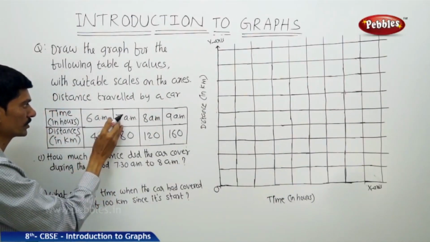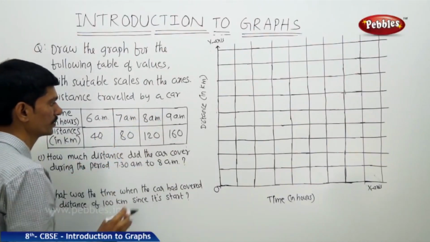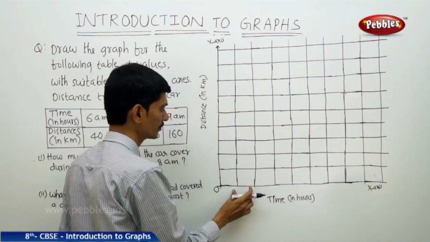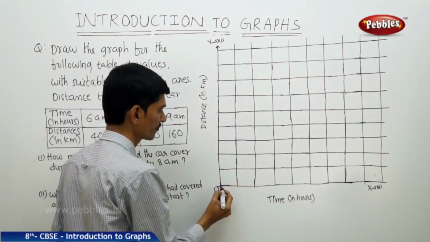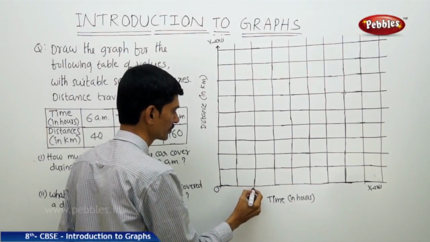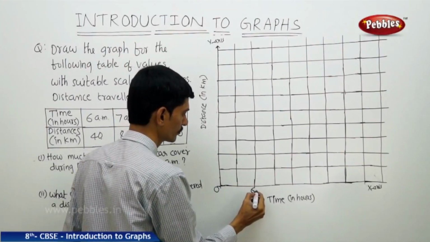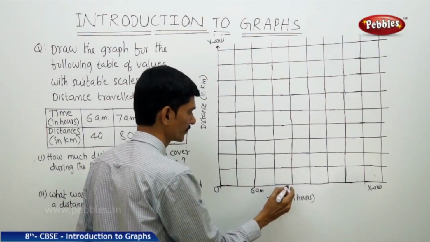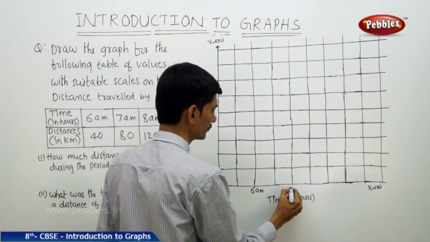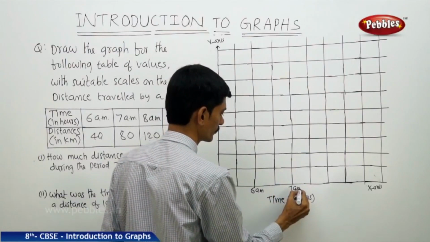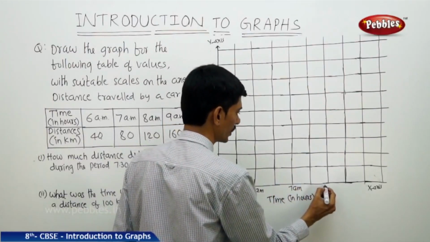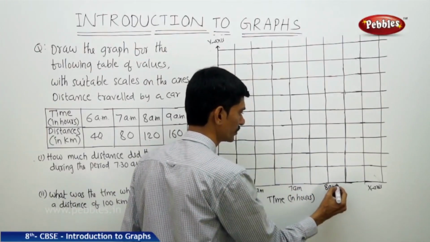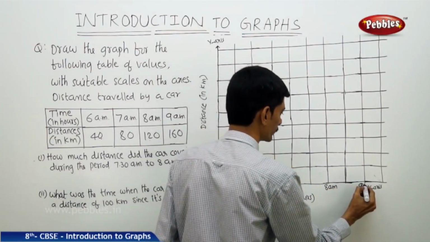Here 6 a.m., 7 a.m., 8 a.m. and 9 a.m. are there. So you will take 2 units to represent 1 hour. From 0 to these 2 units, this is 6 a.m. Then after 2 units it is 7 a.m., after 2 units it is 8 a.m., then after 2 units again it is 9 a.m.